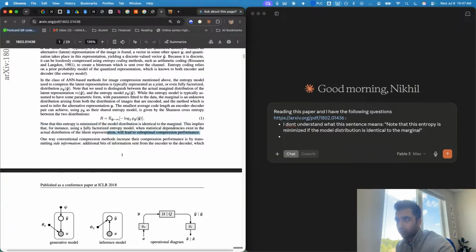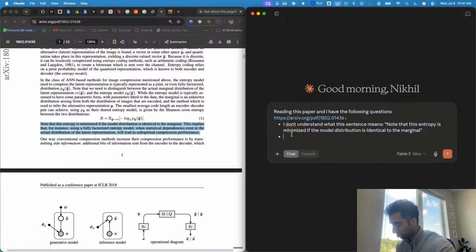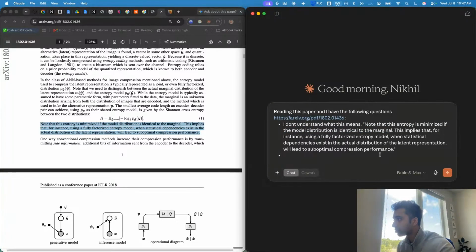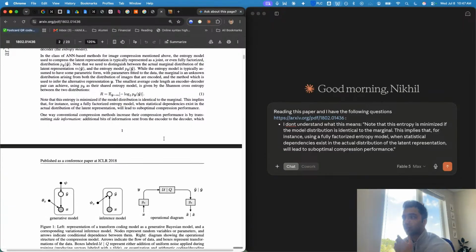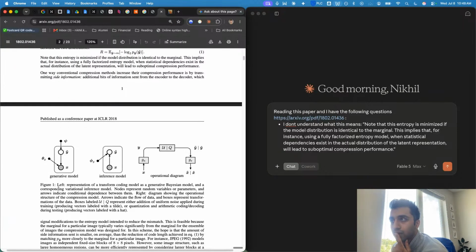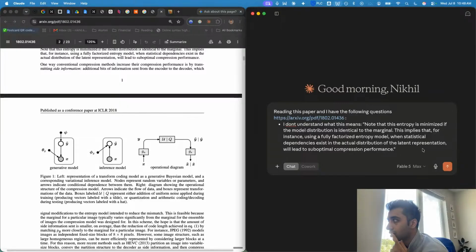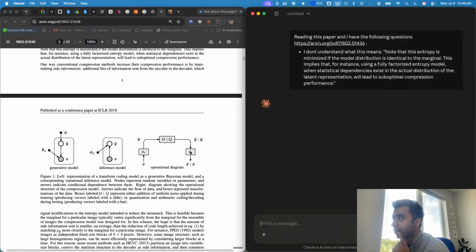Let me just ask it to explain this whole paragraph. I'm pretty sure I get all of this. Let me just read the rest first. Let me have it start thinking about that.